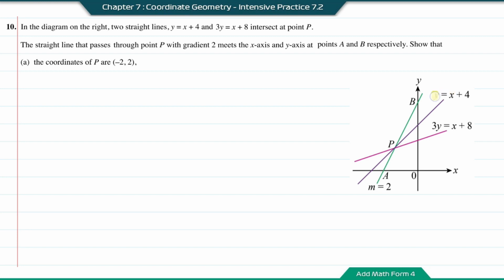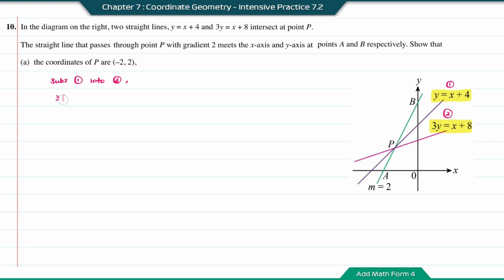As point P is the intersection point of these two straight lines, to find the coordinate P, we're going to solve this using the simultaneous linear equations method. So here I'm going to let y equal to x plus 4 as equation number 1 and 3y equal to x plus 8 as equation number 2. So here I'm going to substitute equation 1 into equation number 2.